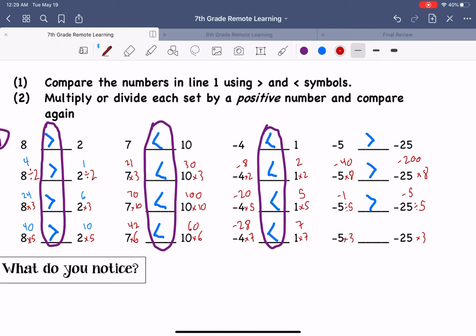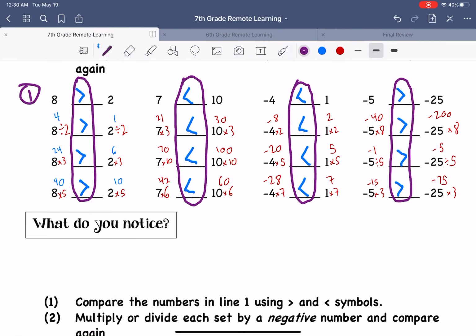Negative 5 times 3 is negative 15. Negative 25 times 3 is negative 75. Let's compare. Negative 15 is greater than negative 75. We still have no change, even though we were working with negative numbers.